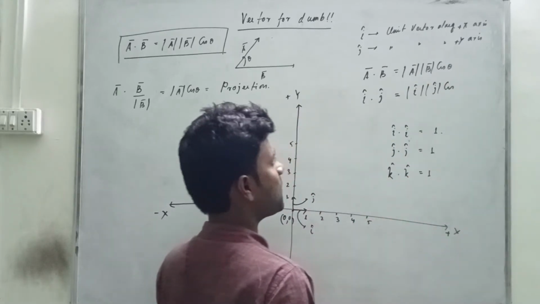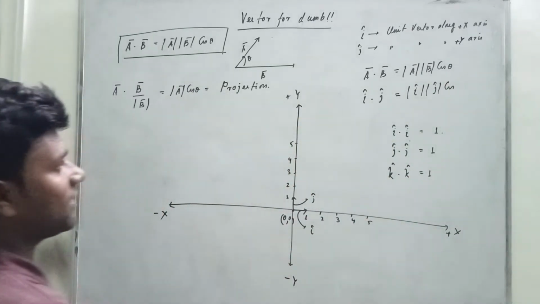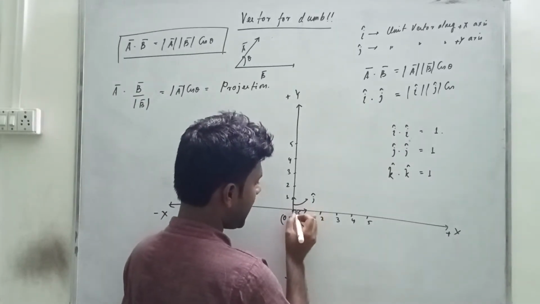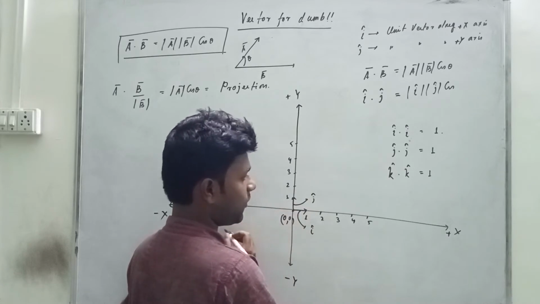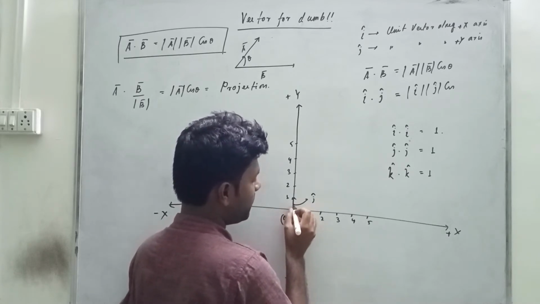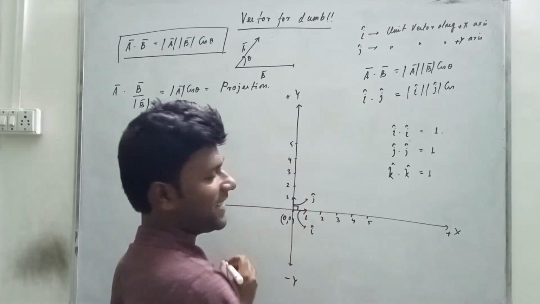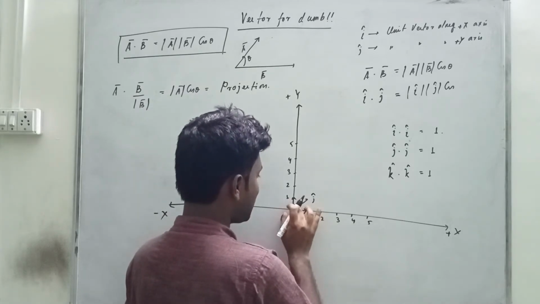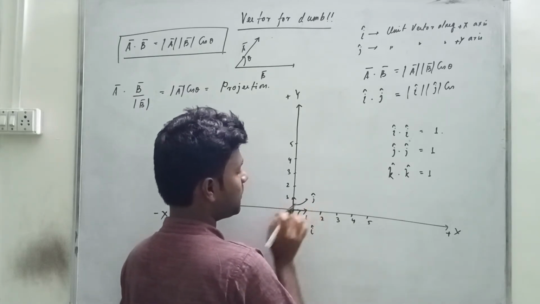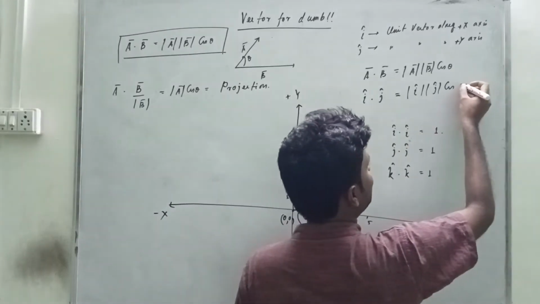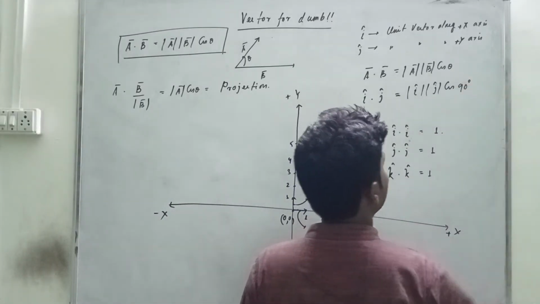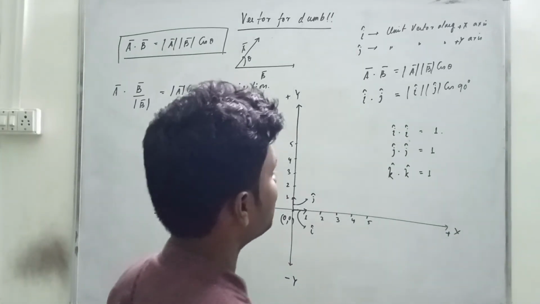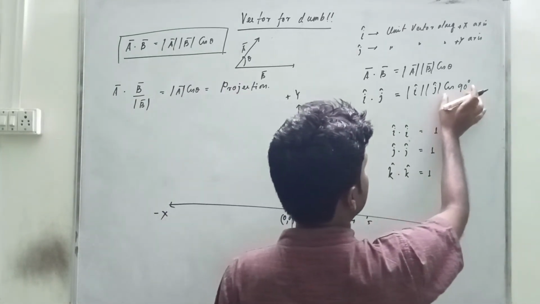And now what will be the angle between i and j? It is i hat and j hat, and all of you know they are perpendicular, a 90 degree angle. So theta goes to 90 degree, and cos 90 degree means 0.